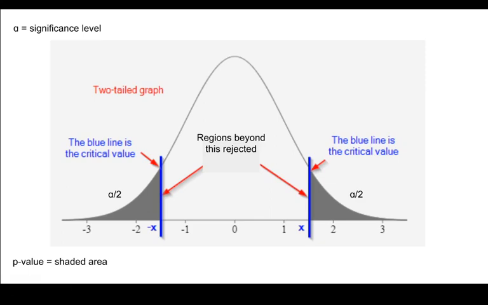This is what happens if you're not sure whether your data is going to be outside the higher area or the lower area. One-tail tests can be the right side only or the left side only, so it depends on your hypothesis test.